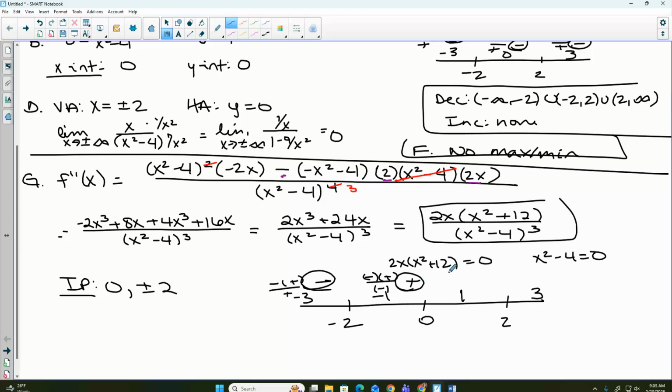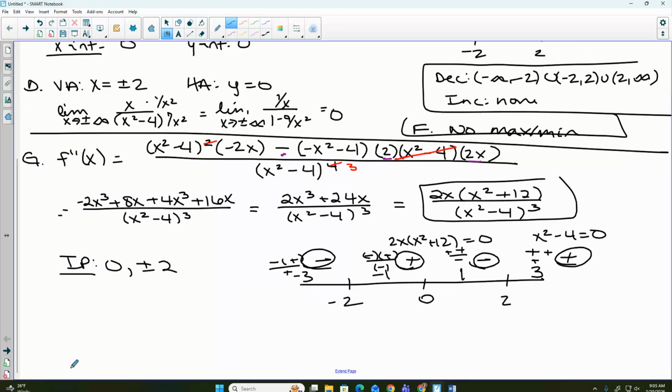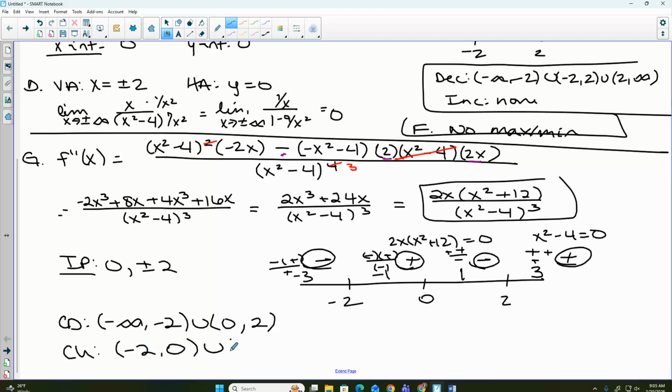Where I put in a 1, I have a positive times a positive divided by a negative, so that's negative. 3, positive times positive divided by a positive, so that's positive. So it is concave down, negative infinity to negative 2, and 0 to 2. Concave up from negative 2 to 0, and 2 to infinity.